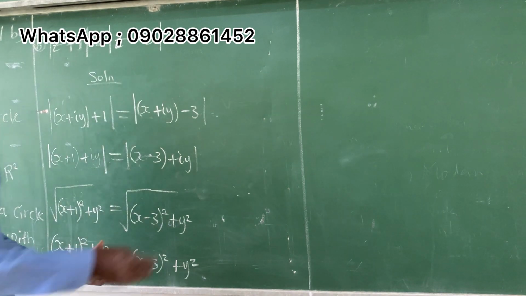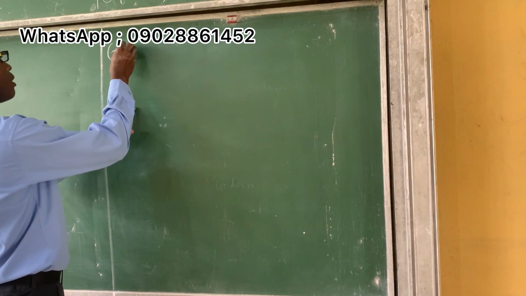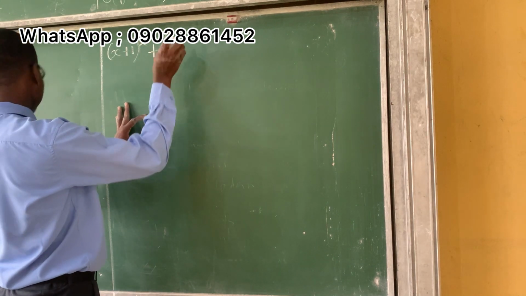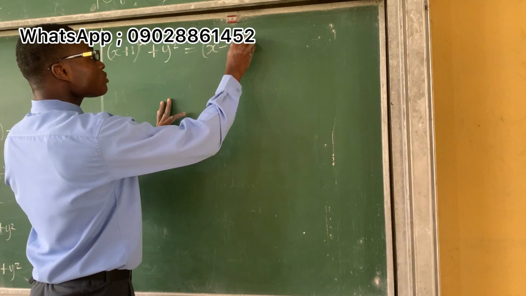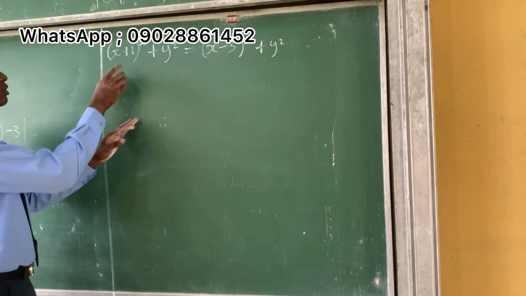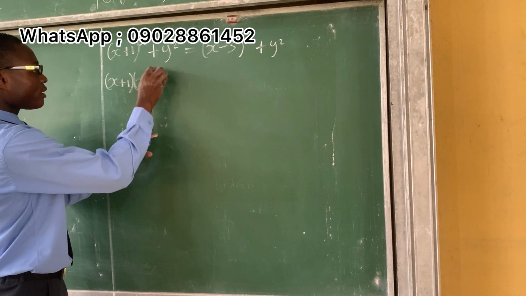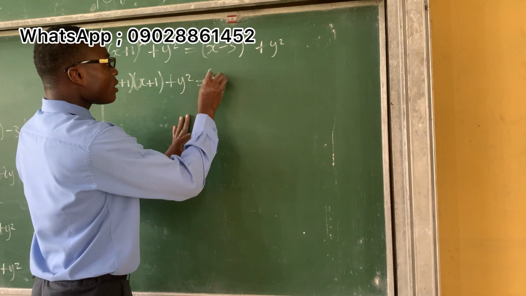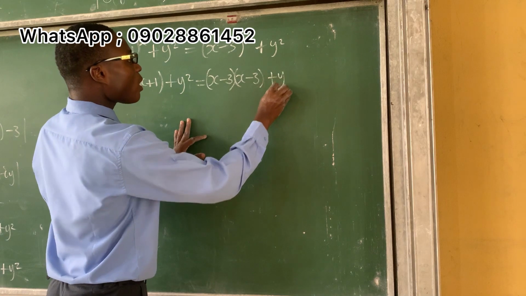So let's continue. We have x plus 1 all squared plus y squared equals x minus 3 all squared plus y squared. So let's open this bracket. To open this bracket, we are going to have x plus 1 multiplying x plus 1 plus y squared equal to x minus 3 multiplying x minus 3 plus y squared.